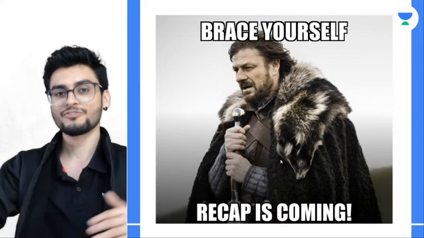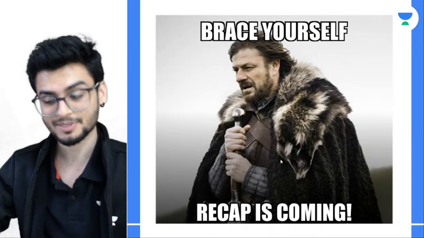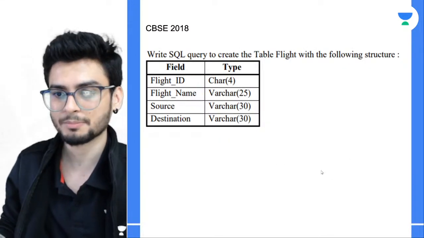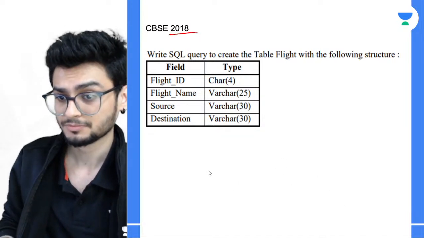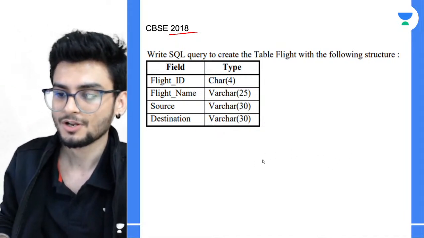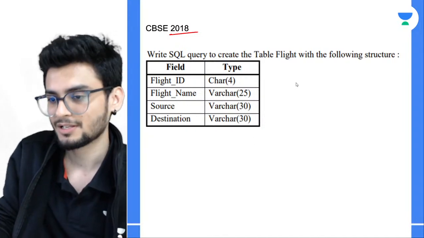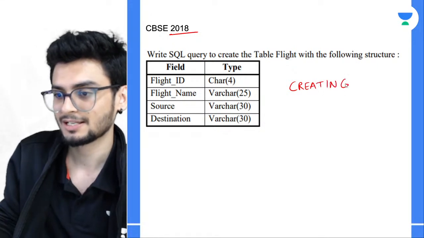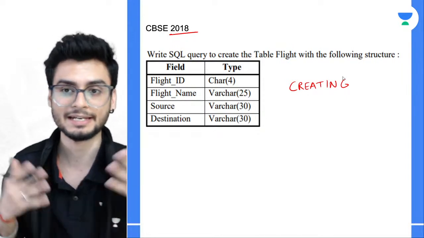Okay, so before we go ahead and look at the practical, let's do one thing. Let's see what we studied last time. For that I had given you a homework. If you guys remember, this was a question from the CBSE 2018 question paper. Write SQL query to create the table flight with the following structure. So okay, I will not code this, but I will quickly tell you how you can create a table. So this is creating a table. Why I am repeating this is because whenever you are working in a database management system, the first thing is that you create a table, right?